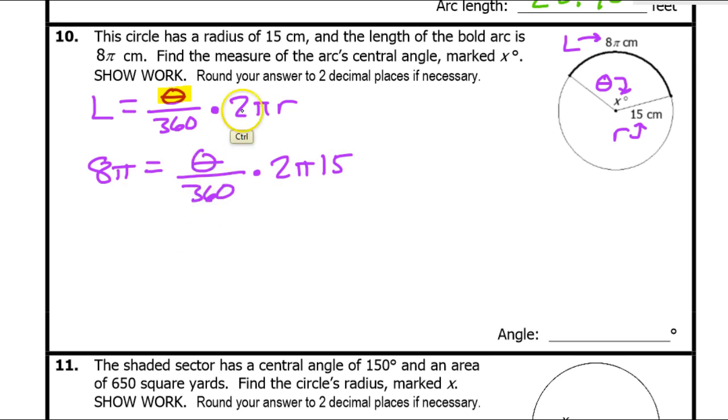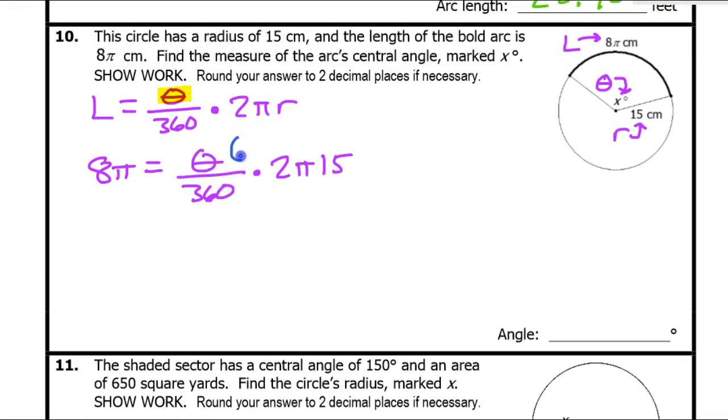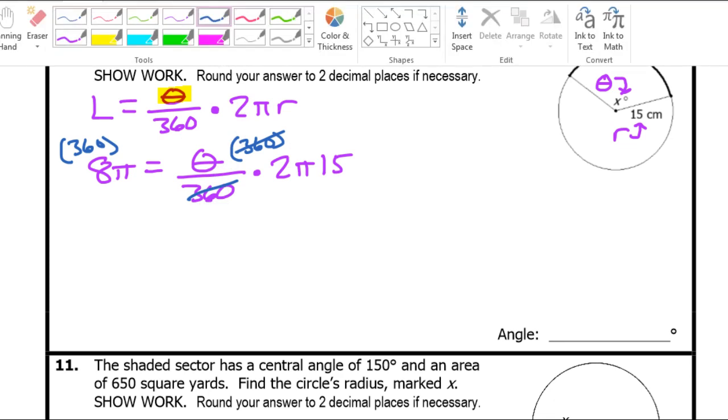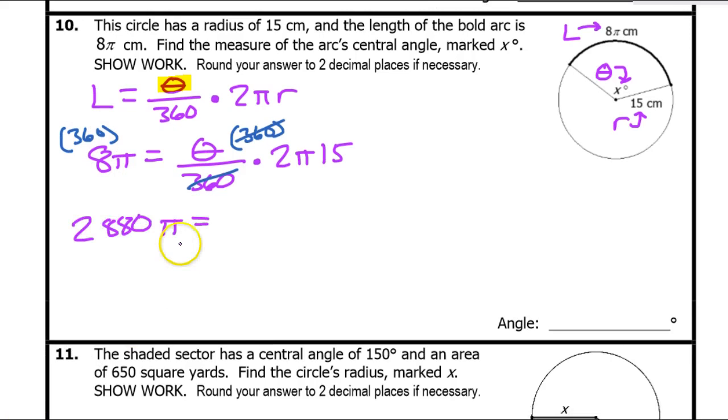So I need to get rid of this fraction business. So that's why I'm going to go ahead and multiply both sides by 360. That way these will cancel each other out. So when I recopy this, I will have 360 times 8. So that's 2,880 pi.